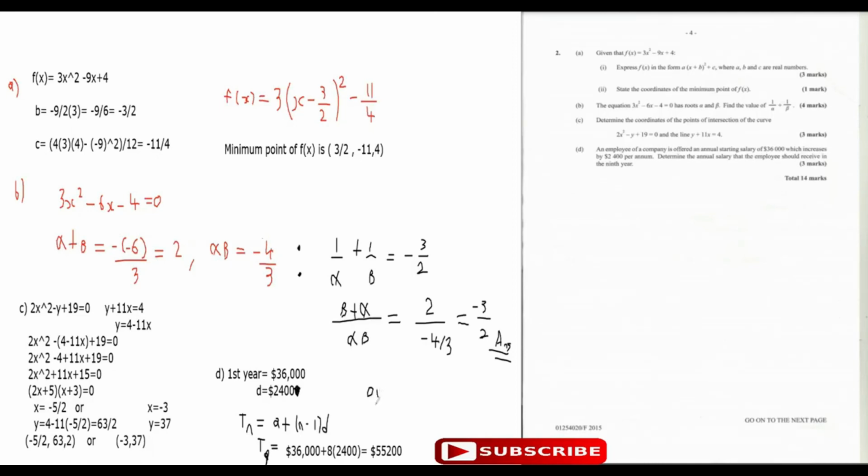Or another way you could do it, this is the long way now. Another way you could do it is say that how much you're going to get is 36,000 plus, this is the first year pay. In the second year, it's going to increase by 2,400 plus 2,400 plus 2,400 plus 2,400 plus 2,400 plus 2,400, and so on up to the ninth year increase.